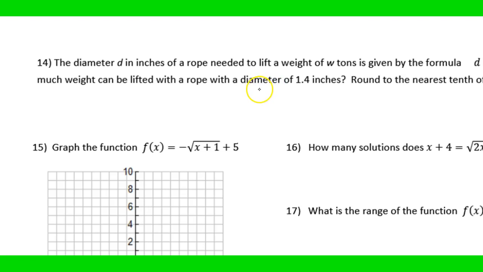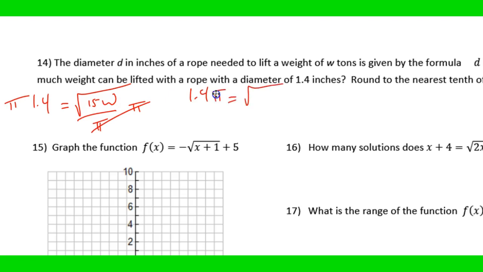Round to the nearest tenth. So we know D is 1.4. And we have 15W divided by pi. So what we're going to do is multiply by pi on both sides to cancel that out. So you have 1.4 pi equal to the square root of 15W.